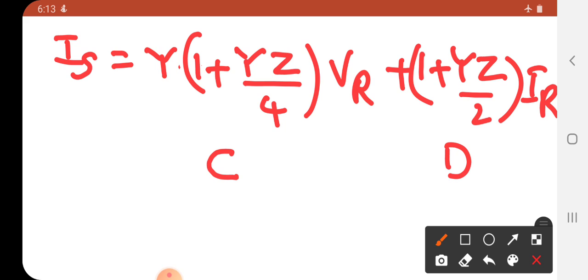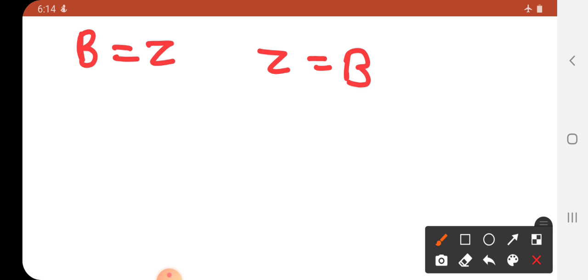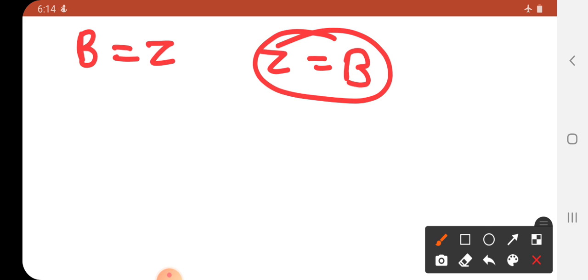Now let me extend this topic. If in the problem they give the values of ABCD and ask to find the line series impedance and shunt admittance, then how do you find them? It is very simple. What is the equation for B? B is equal to Z. So directly Z is equal to B. Next, what is A? A is equal to 1 plus YZ by 2.